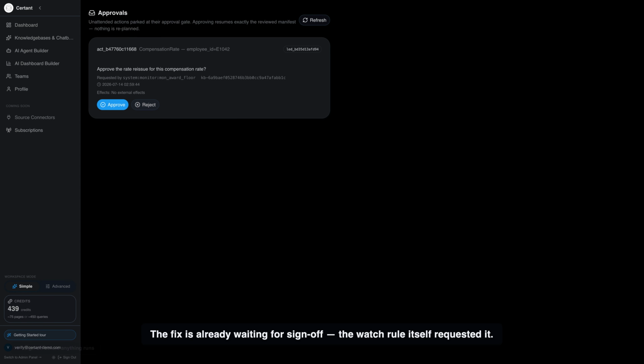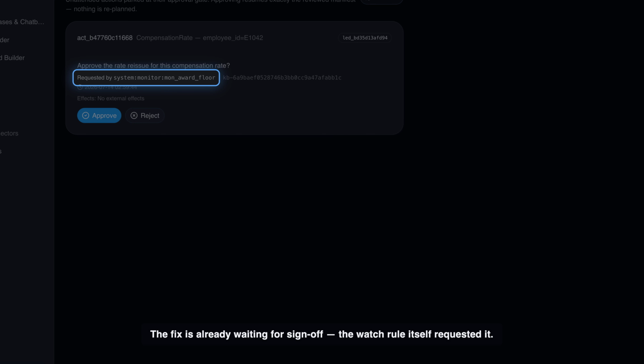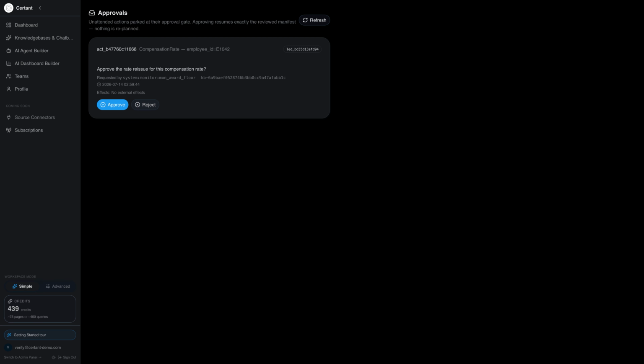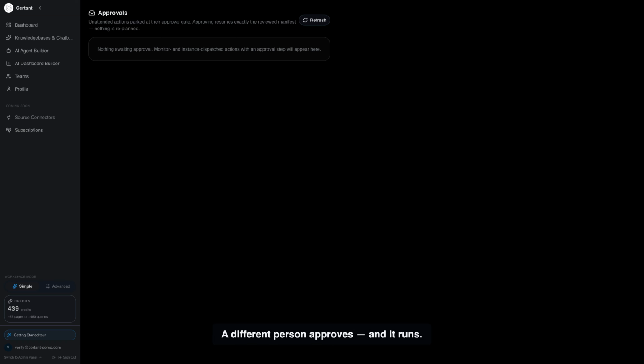The fix is already waiting for sign-off. The watch rule itself requested it. The approver sees exactly what will run, frozen, word for word. Nothing can be swapped in after sign-off. A different person approves, and it runs.